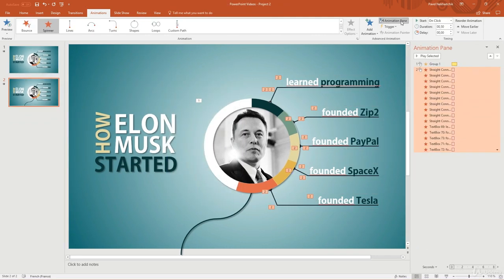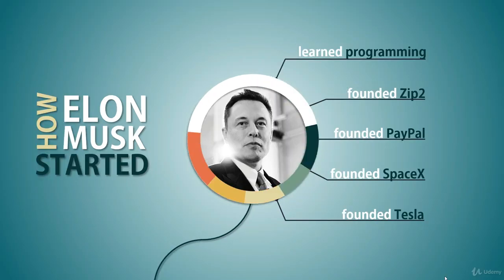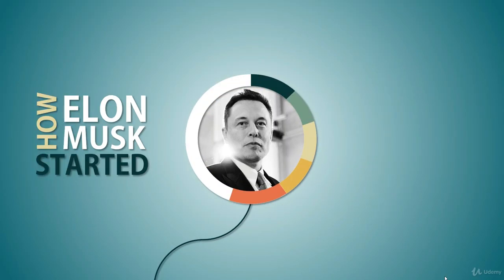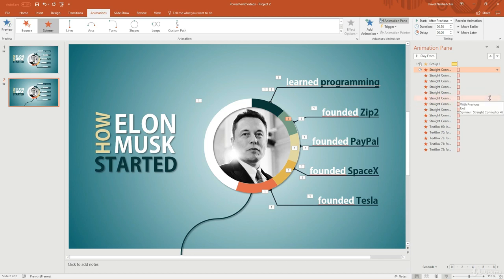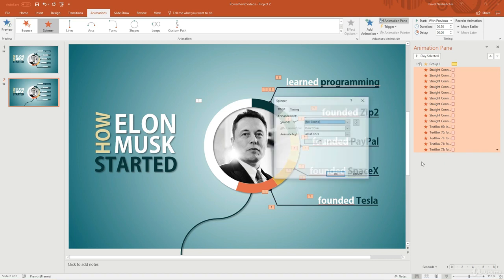So then go animation pane and let this start right after the circle finishes turning. Now, that's not good, obviously, but we're almost there. So it cannot start afterwards. All of this has to start at the same time as the circle, but it has to have a slight delay. So start with previous, click here, effect options.